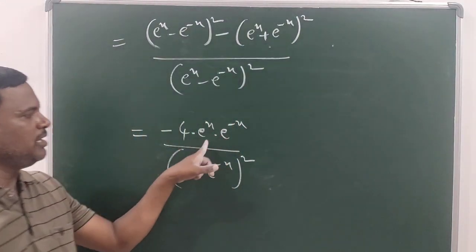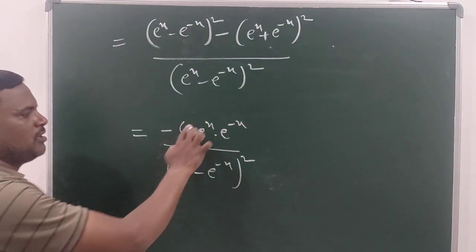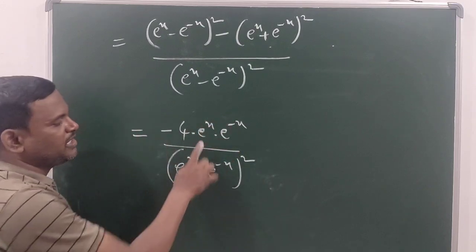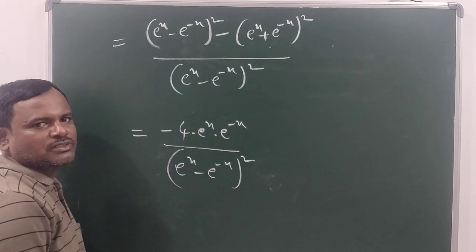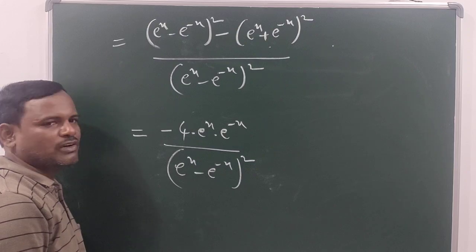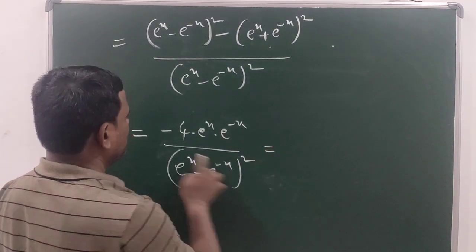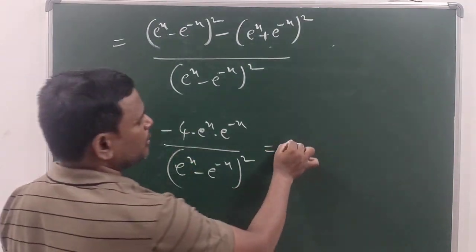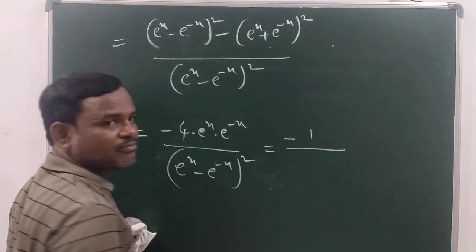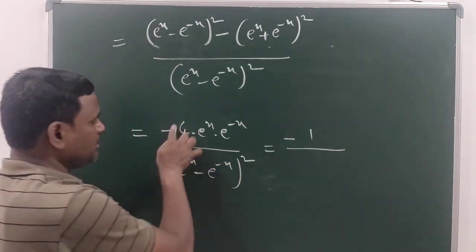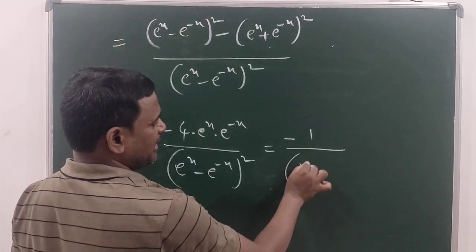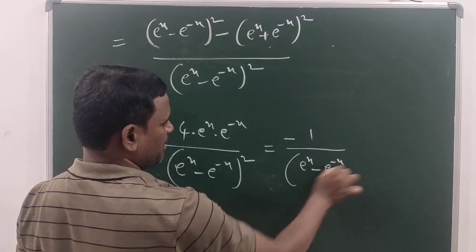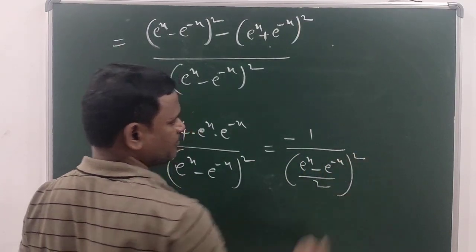Now this e power x into e power minus x becomes 1. Base is same, no? Add the powers. e power 0 will come, which becomes 1. Now write. This 4 if you bring to the down, what do you get? Minus 1 by, when you bring this 4 to the down, you can write like this, e power x minus e power minus x by 2 whole square.